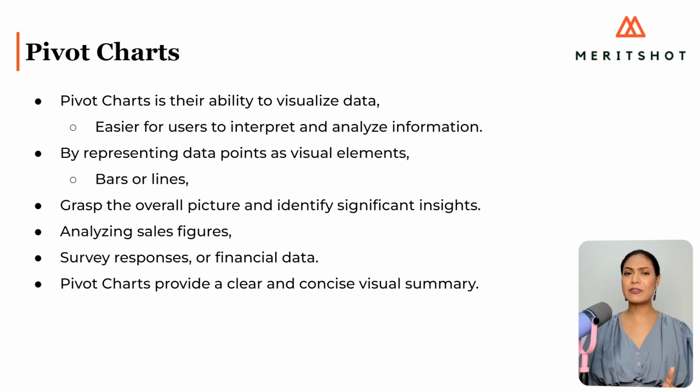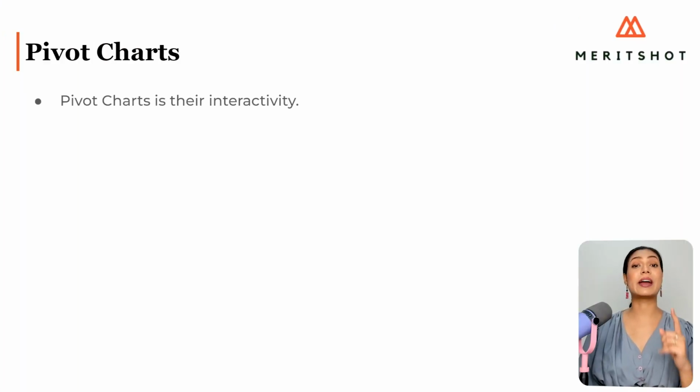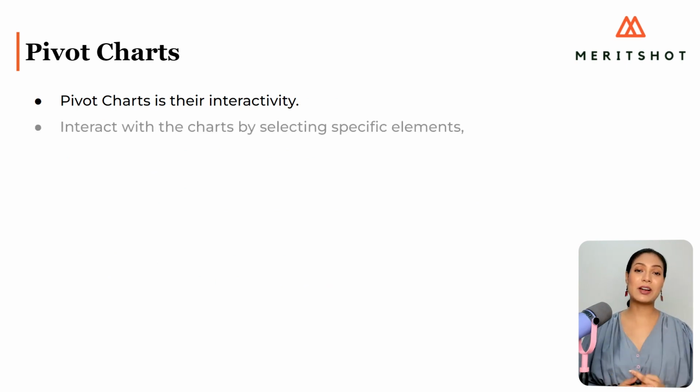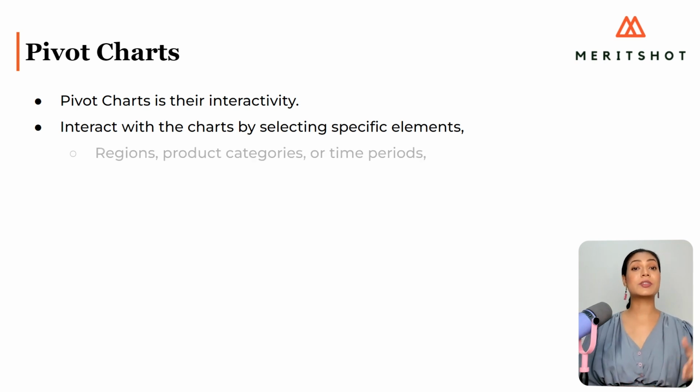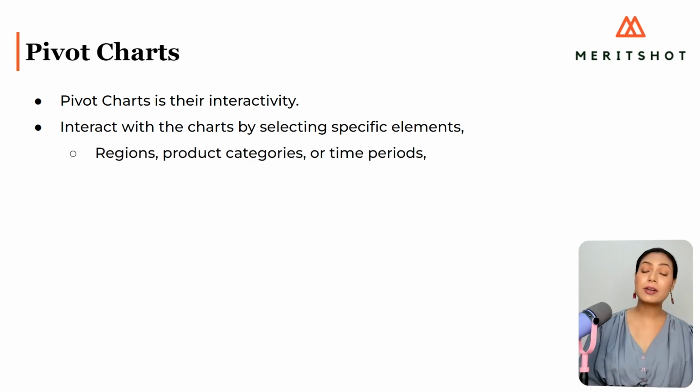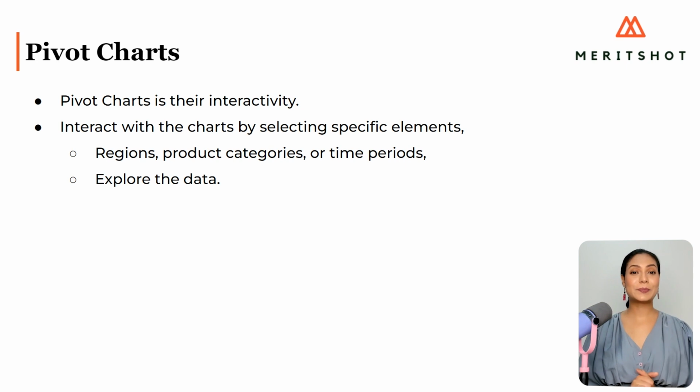Now, another benefit of pivot charts is their interactivity. Yes, we can interact with the charts by selecting specific elements, such as regions or product categories, or even time periods to dynamically explore the data.